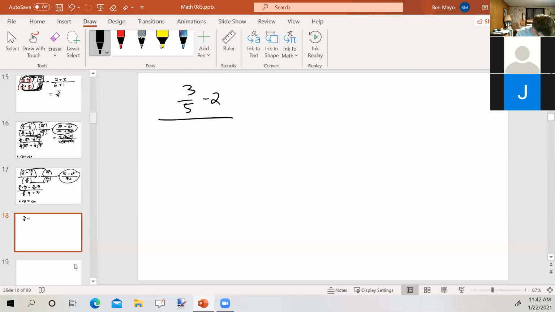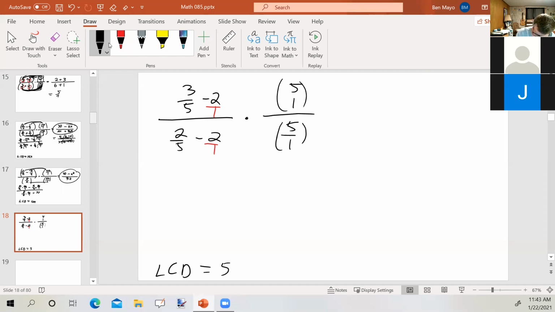3/5 minus 2 over 2/5 minus 2. Now, there's an implied denominator of a 1 there and there. So the LCD of 5, 1, 5, and 1 is just 5, right? So I'm going to multiply both sides by 5 over 1.